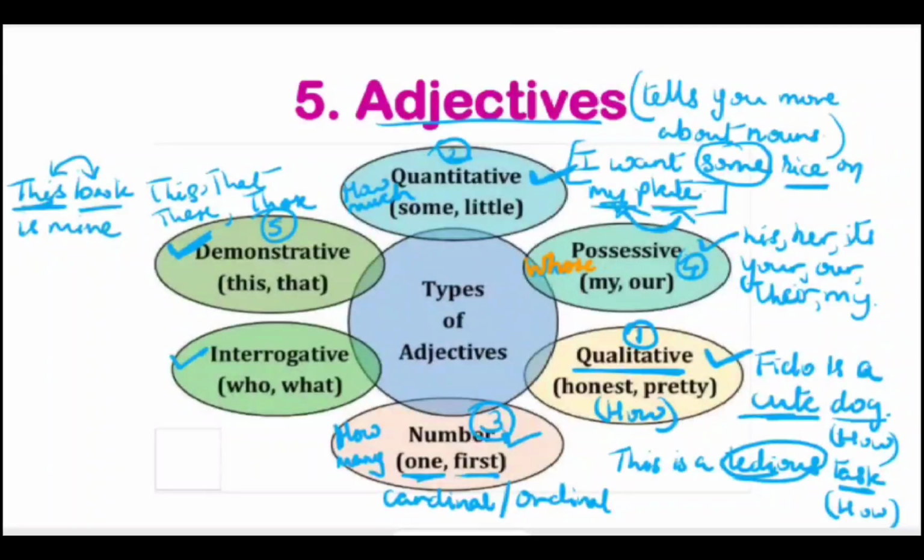Let's proceed, children. The last one, the list again matches the one with the pronouns, interrogative pronouns. Who, what, when, where, why. Whose brother is he? So whose and brother. Whose lies right next to the noun. So it will be an interrogative adjective.